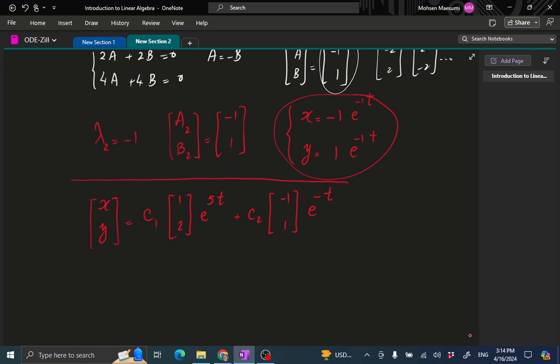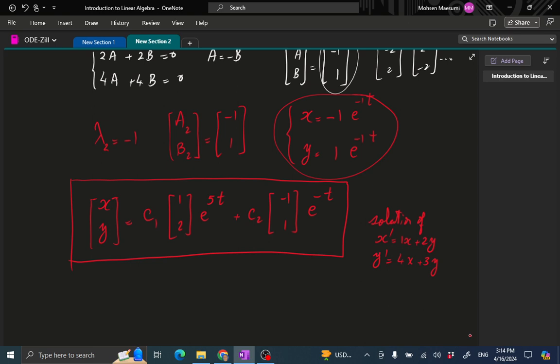This is a solution of x prime, what was it, 1x plus 2y. Y prime was 4x plus 3y. What is going to determine the C1 and C2? You can apply your initial conditions, if you have initial conditions, to get your C1 and C2.